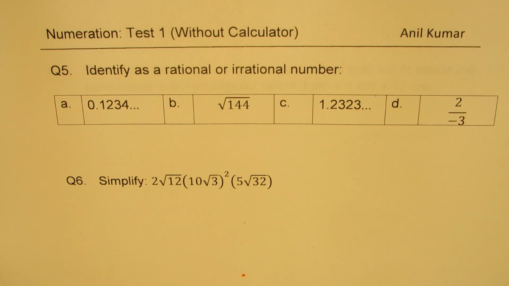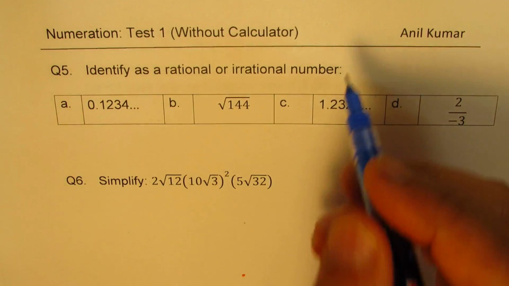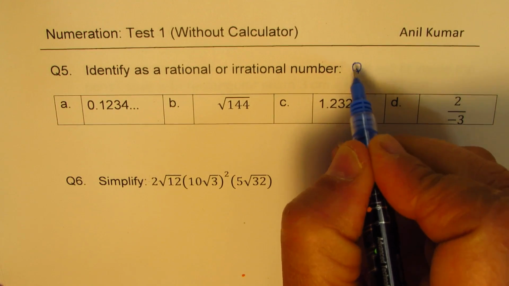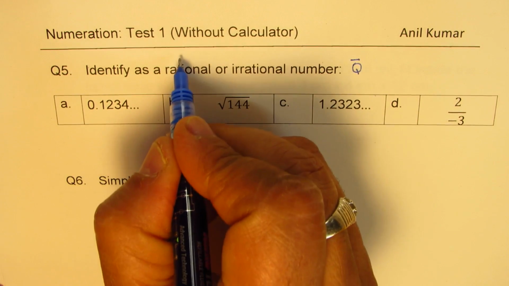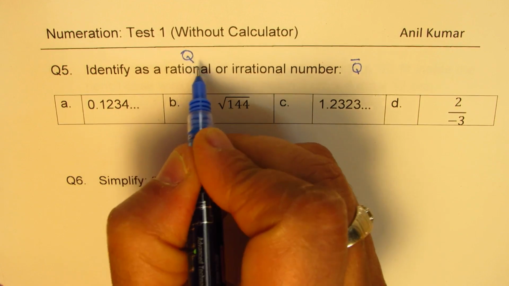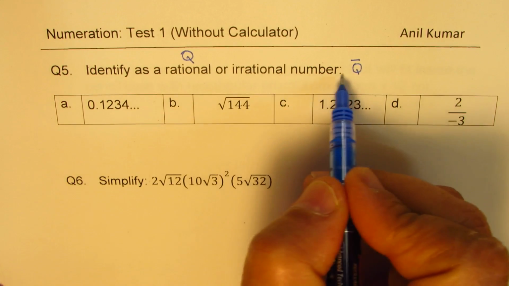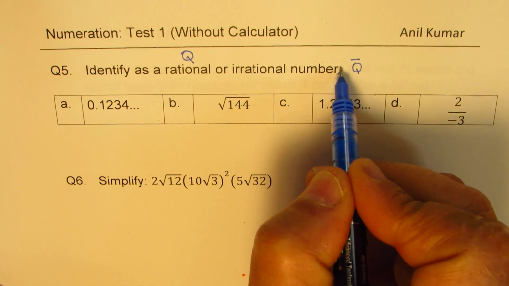And which one of these are not rational numbers? So you need to figure this out, right? So irrational numbers, we also designate by Q bar, right? And rational numbers by Q. So that is a symbol for irrational and rational numbers.